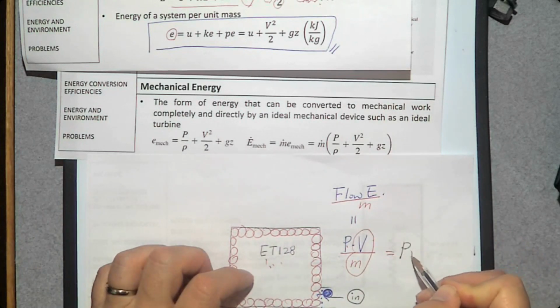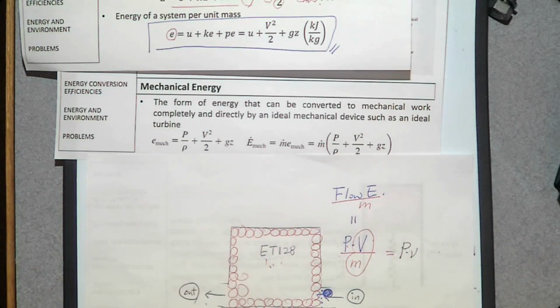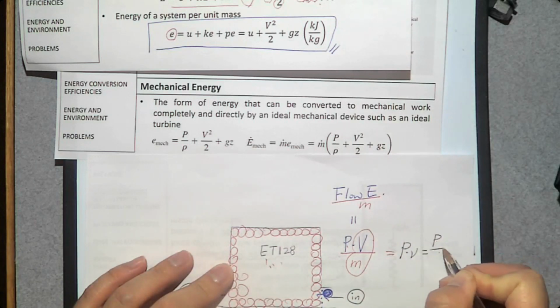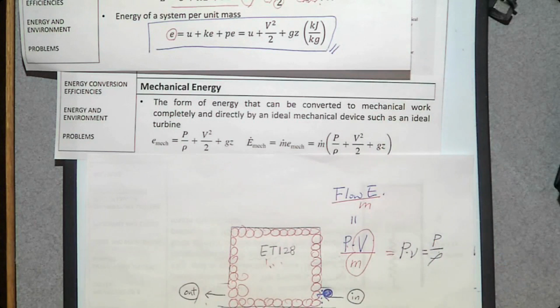Pressure times lowercase v. By the way, what is specific volume? The inverse of density. So this Pv can be written as P over rho. Am I right? So that's what you see here.